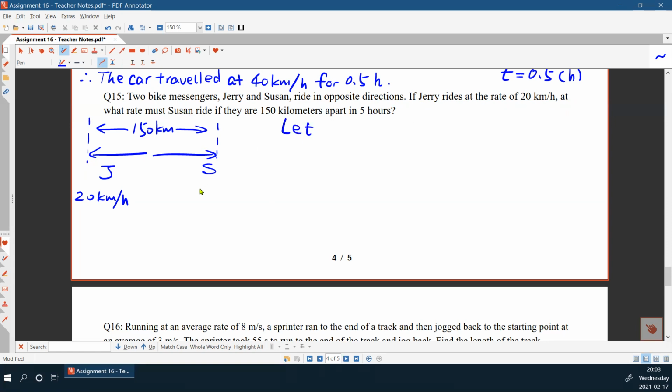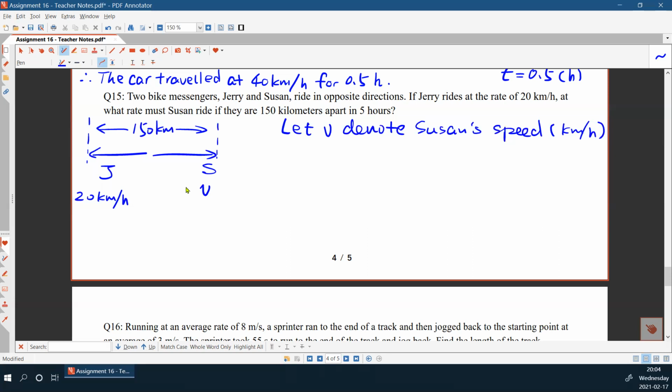So here we use letter V to denote Susan's speed. Unit is km per hour. So what we know here is total distance they traveled is 150 kilometers, right?